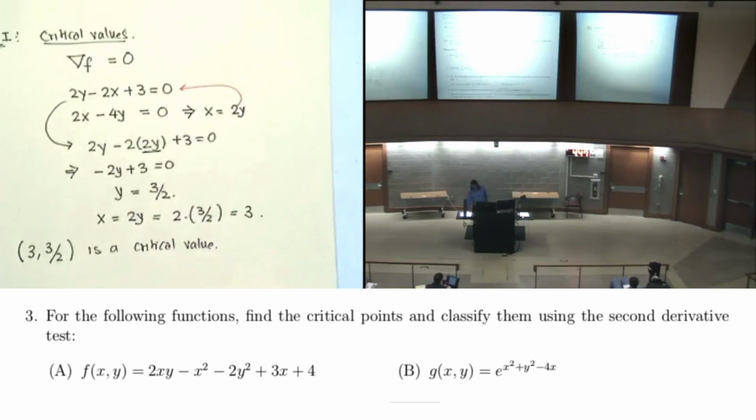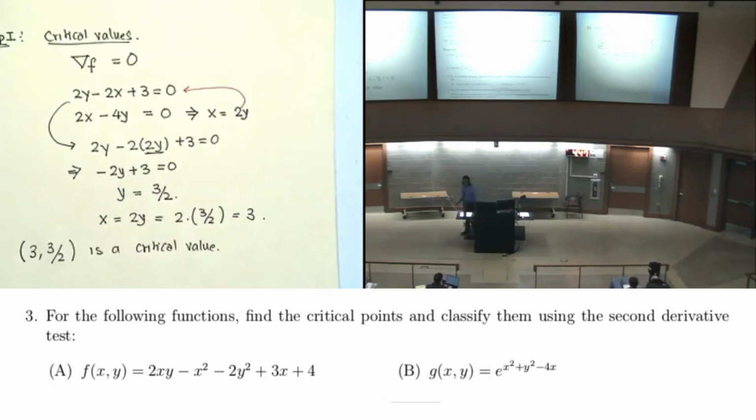So I find one critical value. The function has only one critical value. Sometimes it will have more than one. Depending on when you plug back x into the previous equation, if you get a quadratic, you're going to get 2 critical values. Or if you get a cubic, you get 3 critical values, and so on.